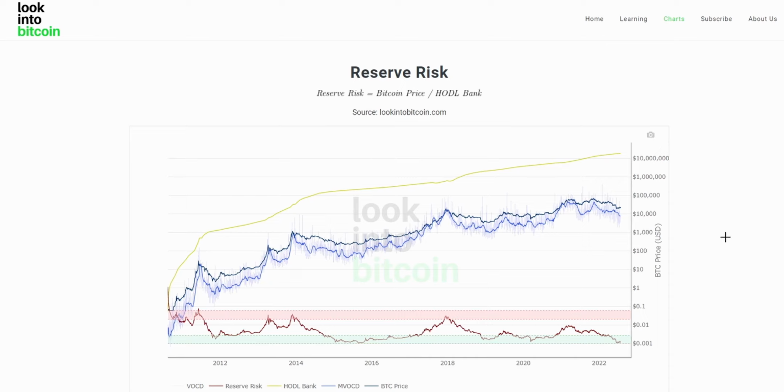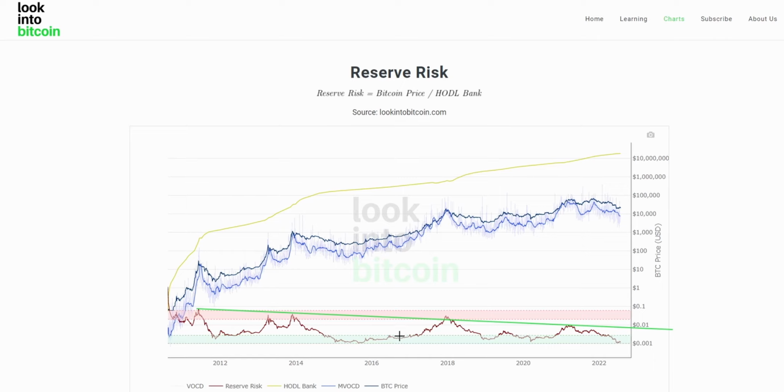One interesting observation we can make with the reserve risk chart is that the actual ratio value tends to be decreasing over time. Now, this may be just due to the fact that Bitcoin as an asset class and Bitcoin network utilization are maturing, and we're getting less speculative and volatile cycles as the asset class matures, and we almost become more of a traditional asset class in tune with the bigger global financial markets.